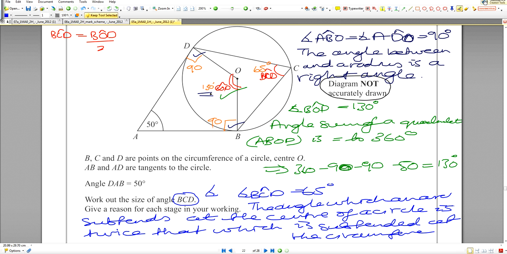So we're saying here, this one is always double of that one. That's why it's 65. We're working out here: 130 divided by 2 is equal to 65. And that's the end of that question.